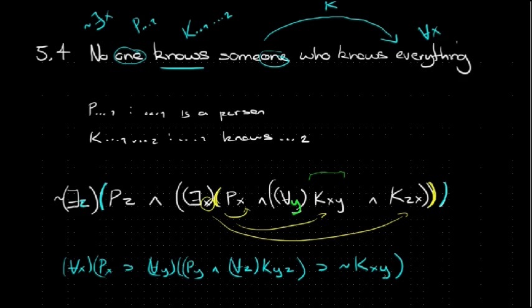And we're going to need another pair of brackets there. Okay, so we've got every x is such that if they're a person, then for all y, if y is a person and y knows everything, then x does not know y. And again, I think that's just a different way of approaching this question.